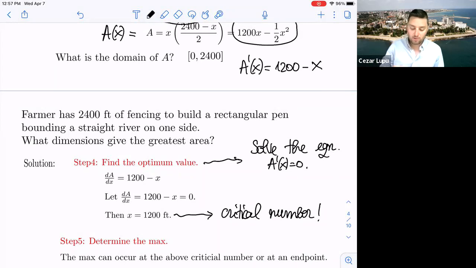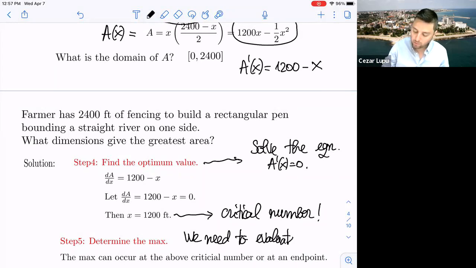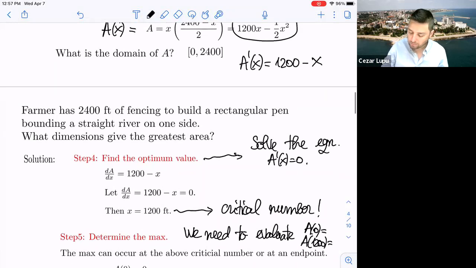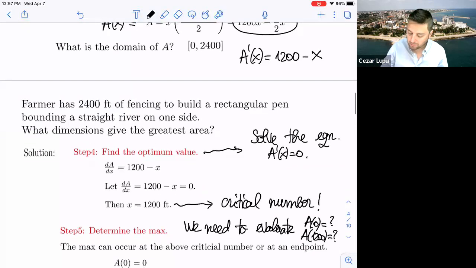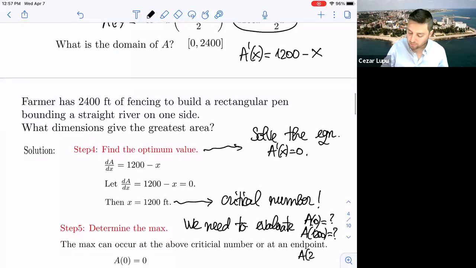What are the endpoints? In this case, we need to evaluate A of 0, A of 1200, and A of 2400. So we need to evaluate these three.